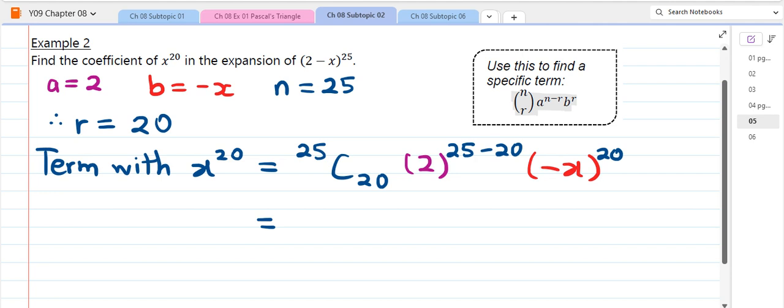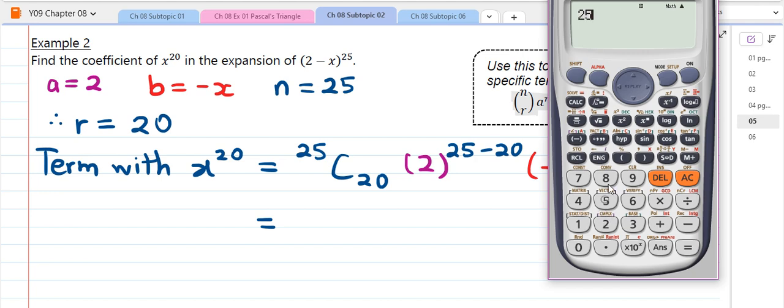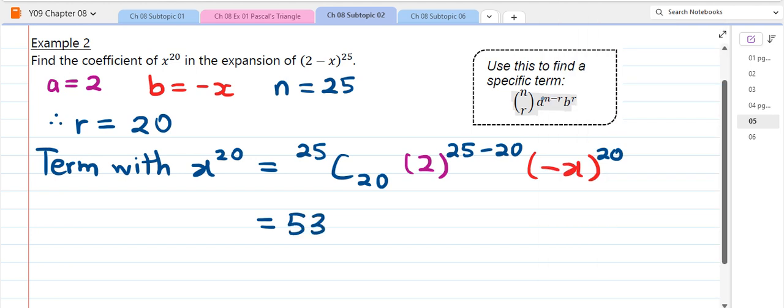You just have to find each number first, which is 25C20, which is 53,130. And 2 to the power of 5 is 32.